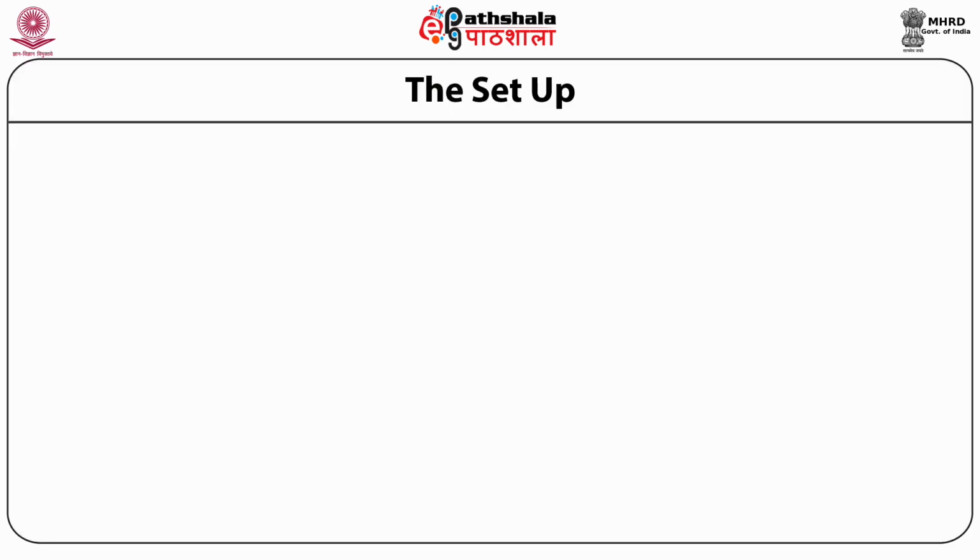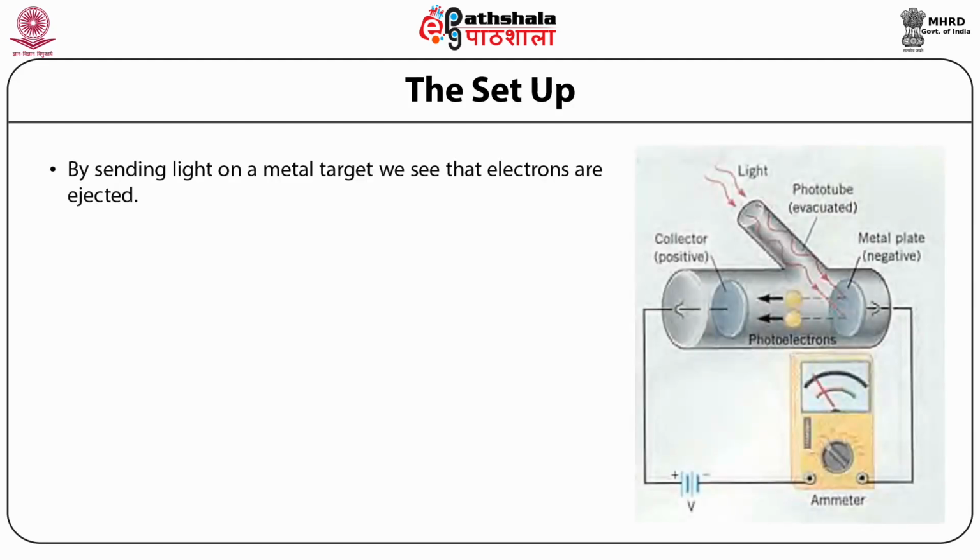Now about the setup. Here we will see a very famous experiment that led to Einstein's Nobel Prize. It has to do with how electrons and photons interact. The basic idea of this experiment is as follows. By sending light on a metal target, we see that electrons are ejected. These electrons can create a detectable current. By applying a counter voltage, we can change the current and determine the number of electrons ejected and their individual energy.